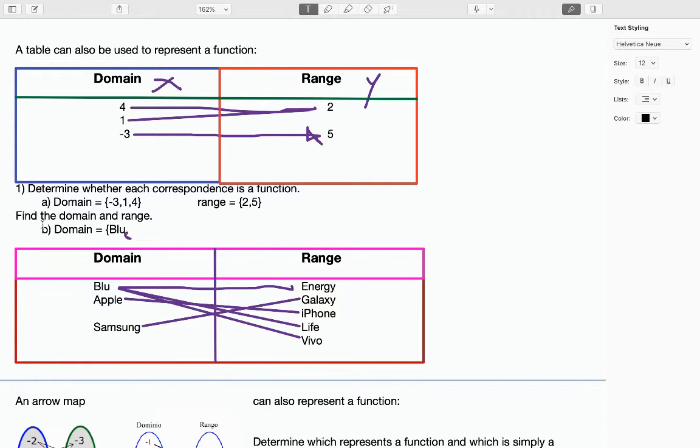I think here you can just put it in whatever order. I mean, unless you're ordering them by how good they are, but that's all perspective. So you can go blue, apple, Samsung, or apple, Samsung, blue, it doesn't matter.